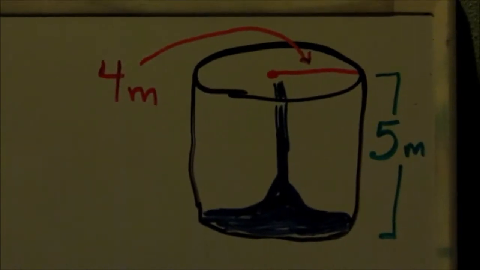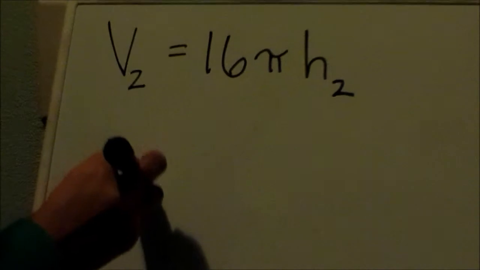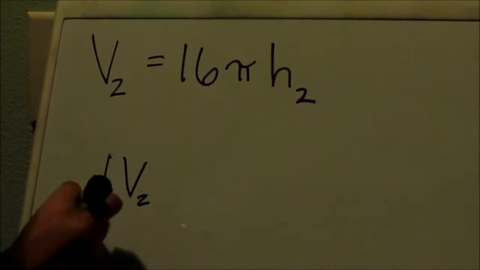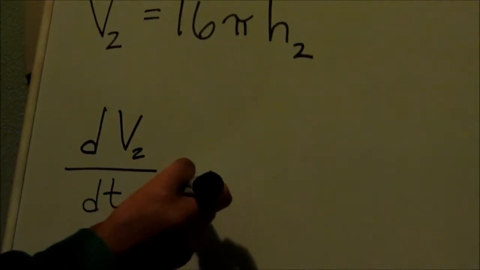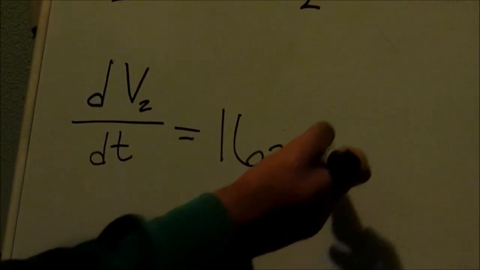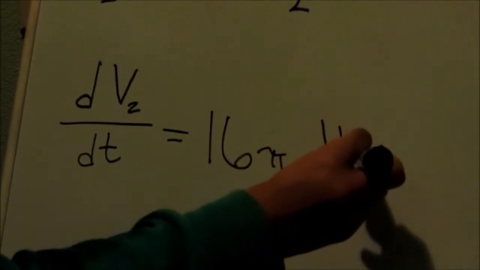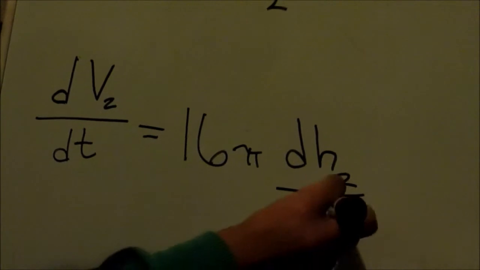We can now take the derivative of both sides with respect to t. The derivative of V sub 2 with respect to t equals 16 pi times the derivative of H sub 2 with respect to t.